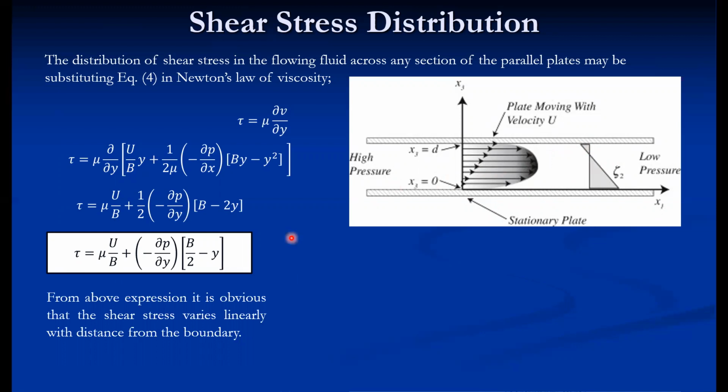That distance we can calculate by applying the condition of minimization, that is, differentiating this with respect to y and equating to 0. We can get this y value, where the shear stress is 0. So this is the variation. Here it may be parabolic. At this point, it may be linear. Both cases are there when the favorable pressure gradient as well as zero pressure gradient. I'm not showing here the negative pressure gradient.